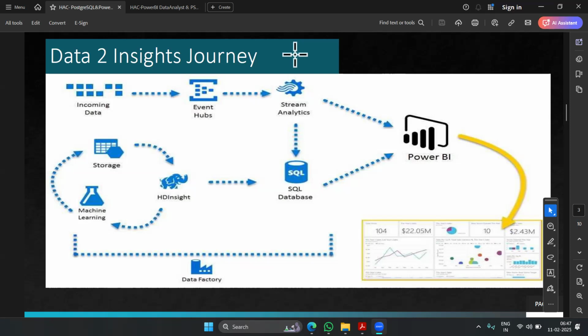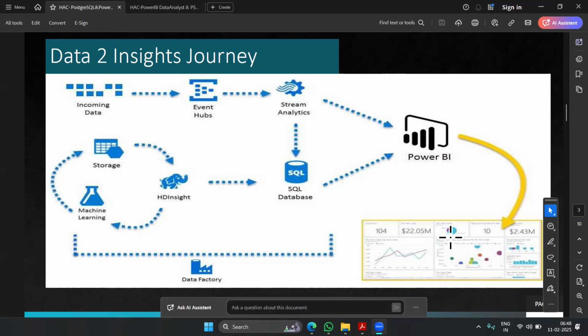Yes, you're right. Okay, so we know that our objective is converting the data into nice visualization. And for that, we are going to use Power BI. Within Power BI, we have artificial intelligence tools also.